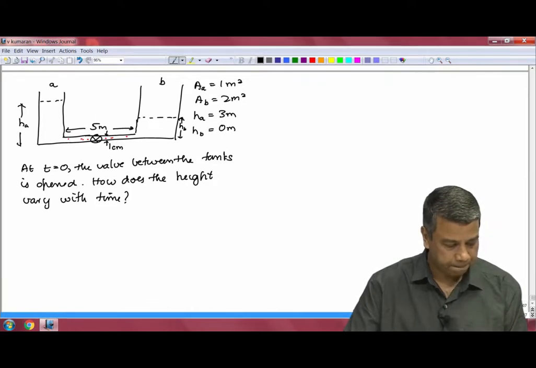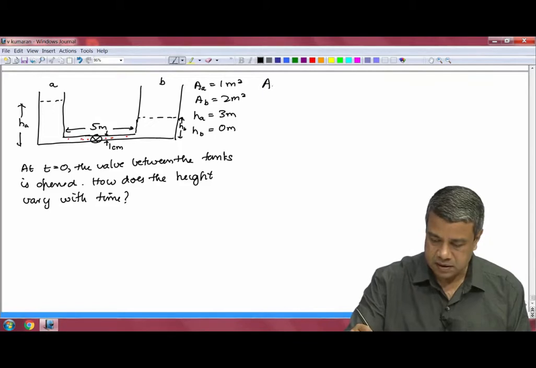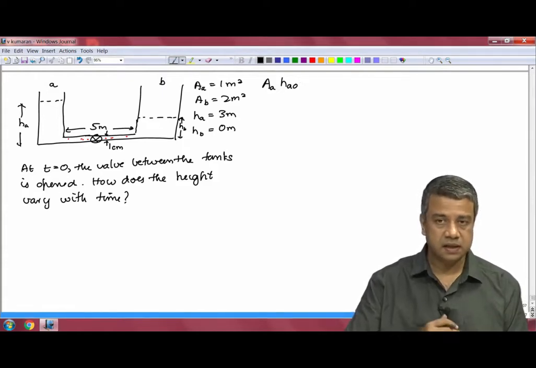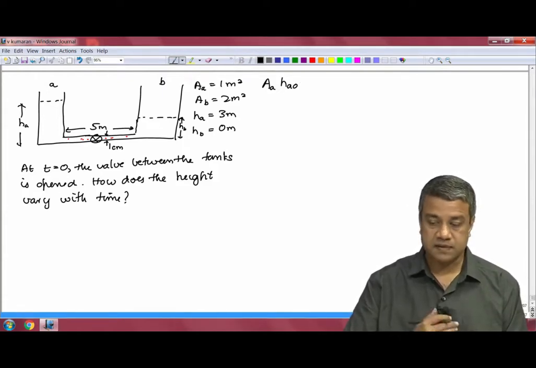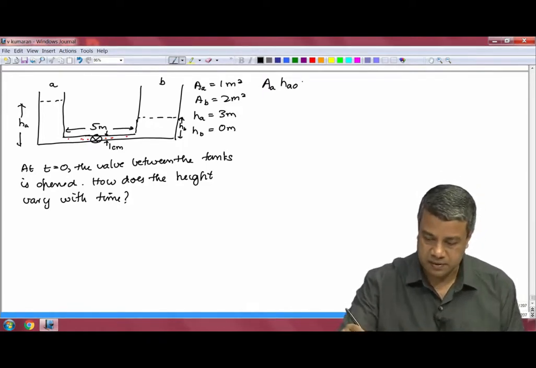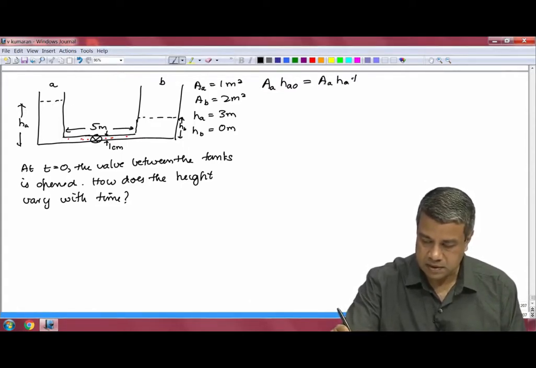The initial volume of fluid is the area of tank A times the height of tank A initially. HA naught is the initial height in tank A, that times the area is the total volume. This has to be the same as the volume at any point in time, which is the area of A into HA plus area of B into HB.